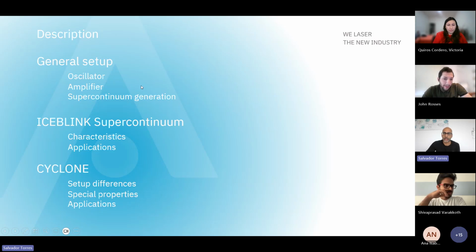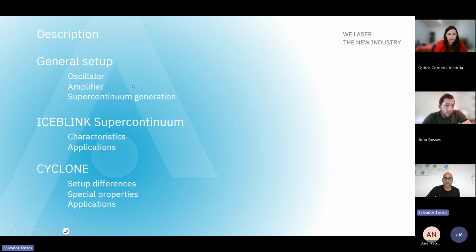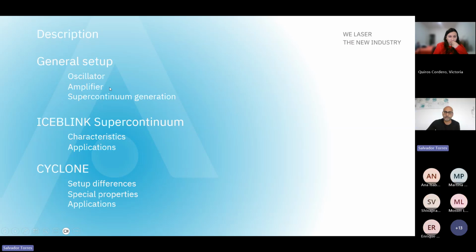Then I will show you a general scheme of the parts of a supercontinuum source, and I will give you a short description of the properties of each one. After that, I will explain the specific characteristics and some applications of two sources, both designed here at Fila. The first one is the Ice Blink, and the second one is the Cycle.